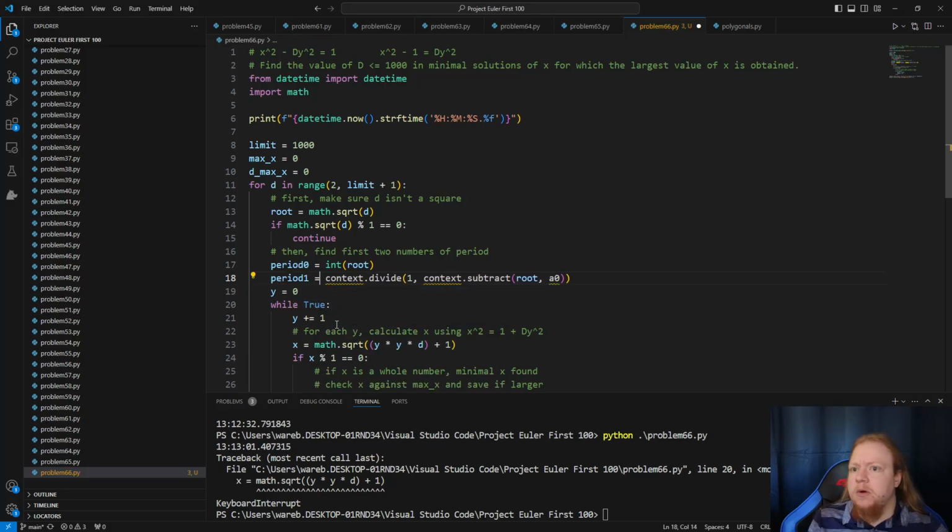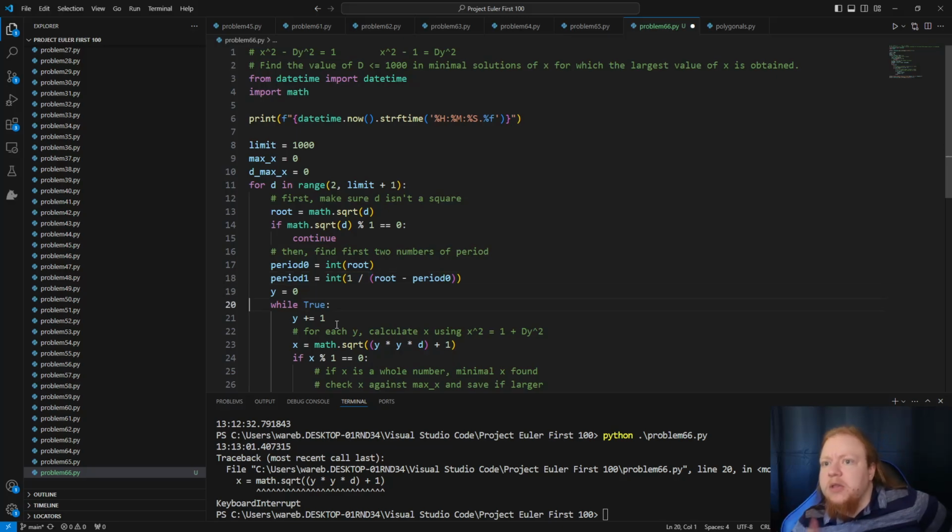So period 1 is equal to int of 1 divided by root minus period 0.